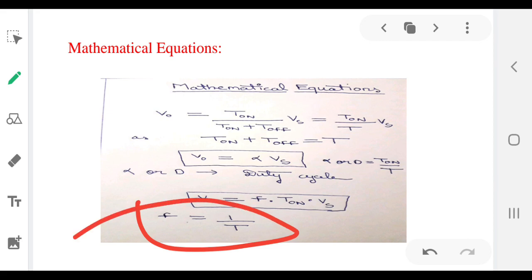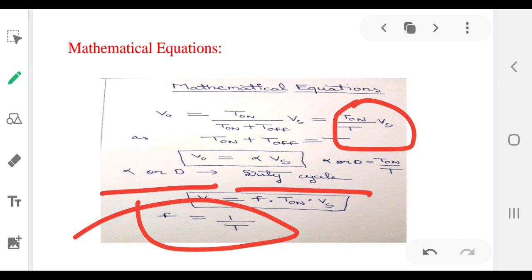So from the waveform we can easily figure out that V0 is equal to T on upon T on plus T off, multiplied by the input voltage. This T on plus T off is also equal to T, that is the time period. So V0 is equal to T on upon T multiplied by input voltage. Now V0 is equal to alpha Vs. Now this alpha or D is known as duty cycle.